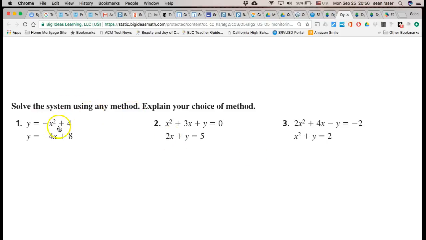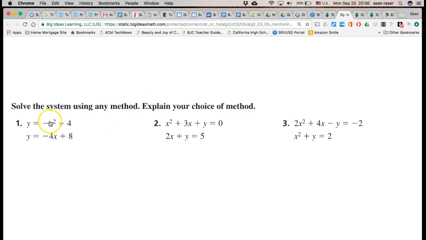In addition to typing in your solutions, I also want you to tell me what method you chose: elimination, substitution, or graphing. And just a quick little explanation of why. What prompted you to choose graphing or substitution or elimination? Just a quick sentence would be sufficient.